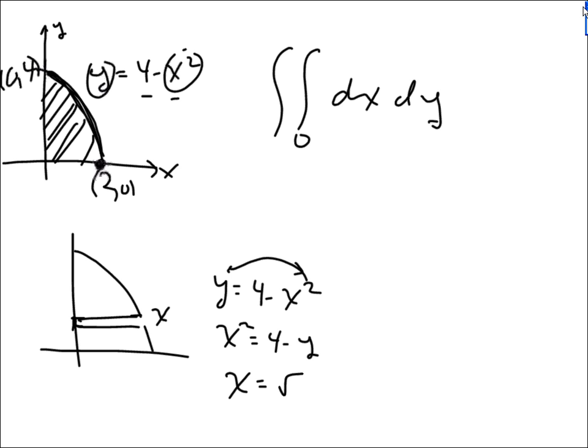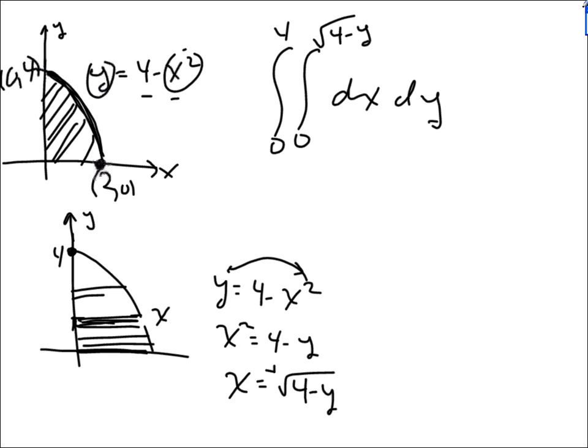So x is the square root of 4 minus y. I did not say plus and minus because here, no matter what rectangle I draw, x is always positive. So x goes from 0 to the square root of 4 minus y. And y goes from the least y can be, down here, which is 0. The most it can be is at this point up here, which is 4. And there's one answer.